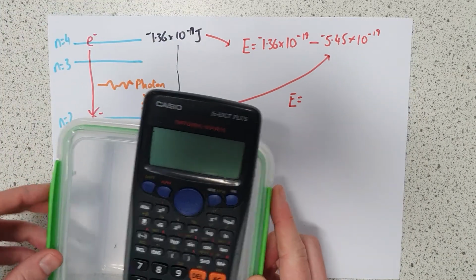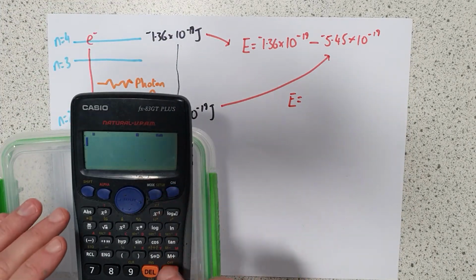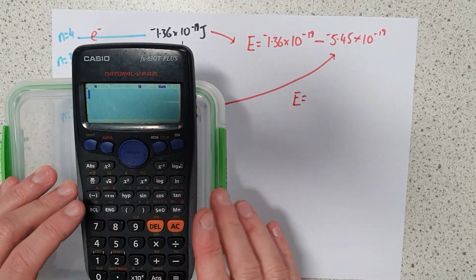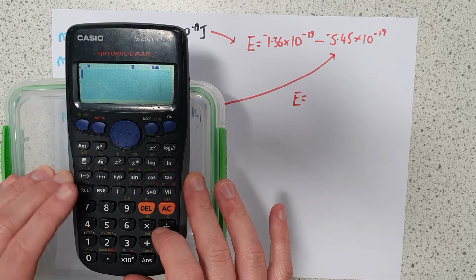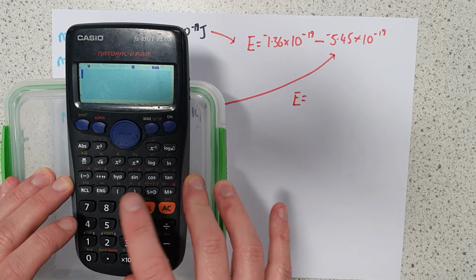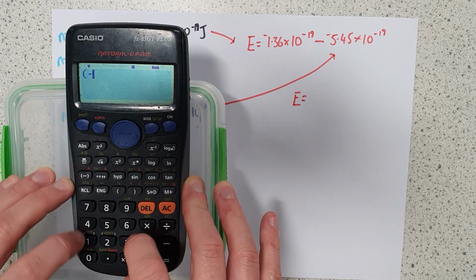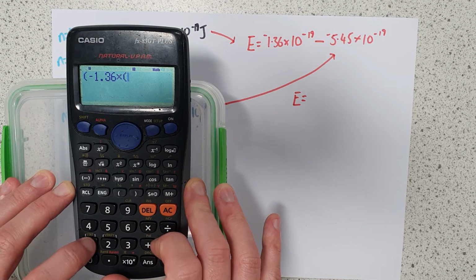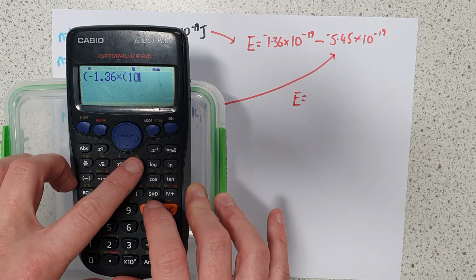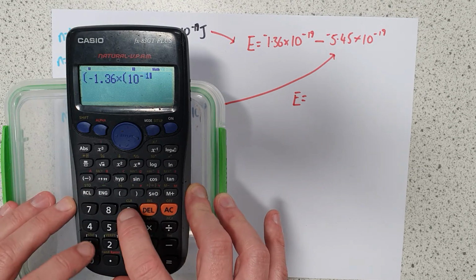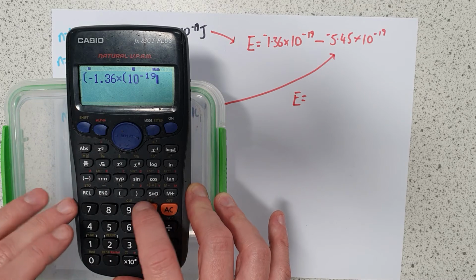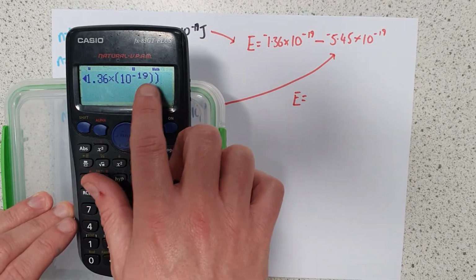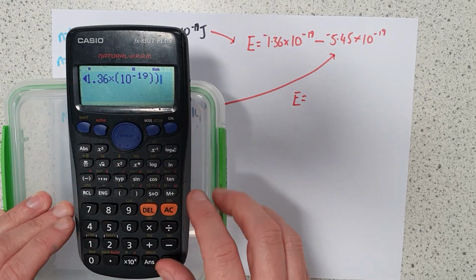Again, we're going to use our calculator. Hopefully you can see this display okay. Just watch what I do. I'm going to start with a bracket, minus 1.36 times, and then we put another bracket, 10 to the power of minus 19, and then we tab forwards and close that bracket twice, because this bracket and this bracket match up, and that bracket matches up with the bracket at the end.